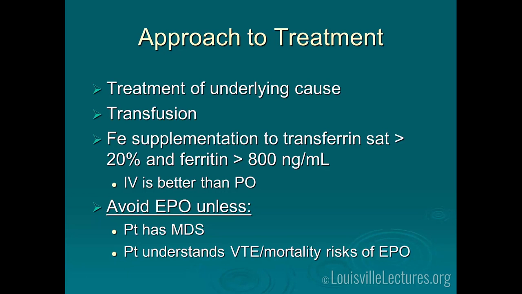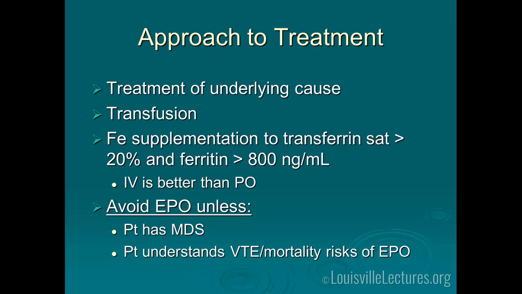So try to find the underlying cause, transfuse them if they're acutely ill, and then try to provide iron supplementation to get a transferrin sat higher than 20% and a ferritin around 800. Now, these are not written in stone, but these are general guidelines that help a patient reduce the number of transfusions they need to get.